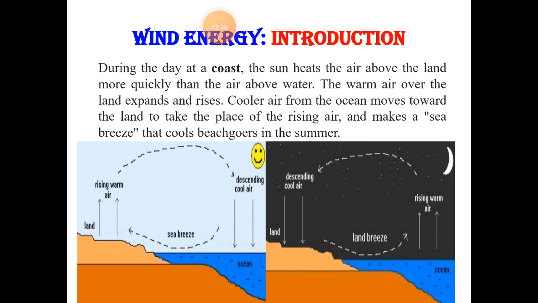That's what you see in the picture towards the left side. Whereas during night time, the vice versa process takes place. The wind blows from land to the sea, so is the high tides formation that takes place during night in the coastal shores, that you can see towards the right side of the picture in the slide.